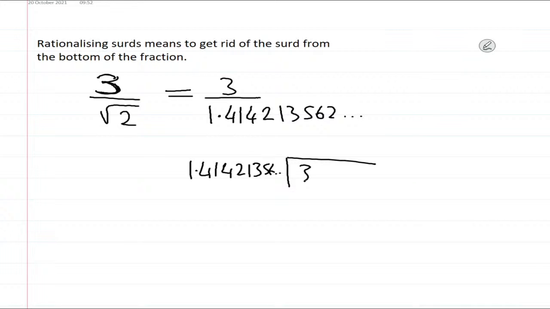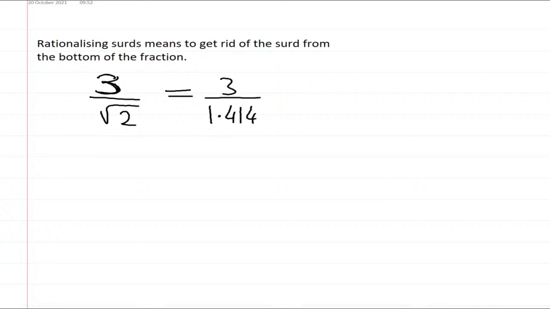So what we do is we get rid of root 2. We get rid of the surd from the denominator. Now, to get rid of the surd from the denominator, we talked about what is the square root of Mr. Adams times the square root of Mr. Adams.